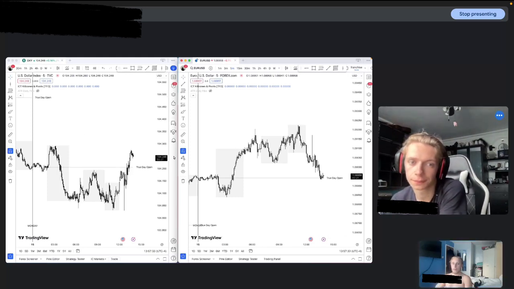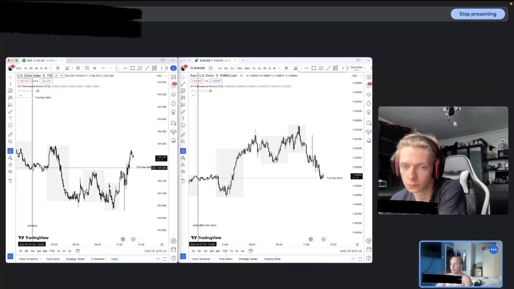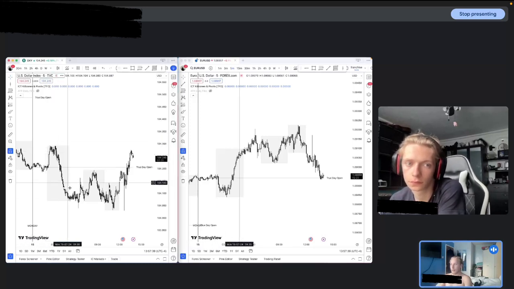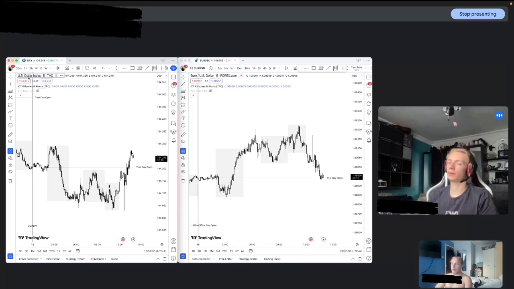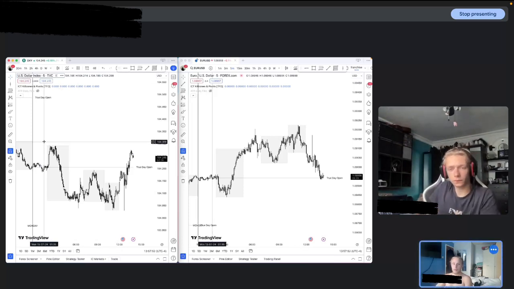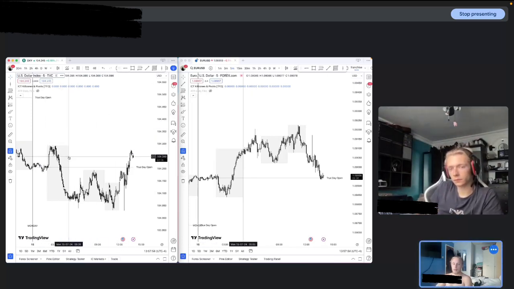It's reversed. So when the dollar is showing bearish, the euro against the dollar is showing bullish, because it's flipped.